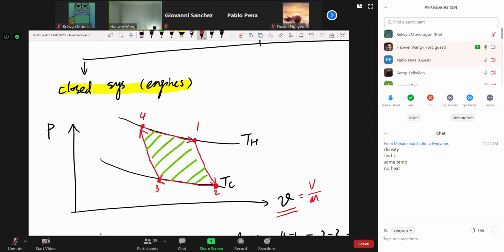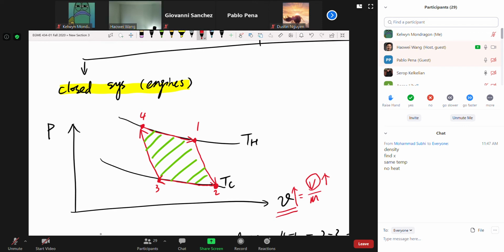During 1 to 2, adiabatic expansion, the volume becomes bigger. Therefore, your nu will become bigger. If your x coordinate becomes bigger, you have to move to the right.